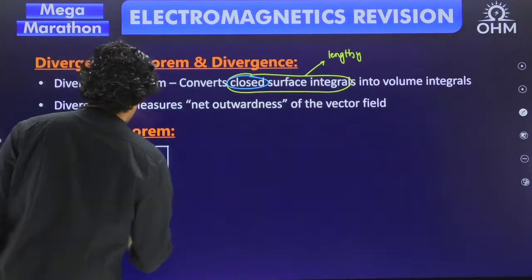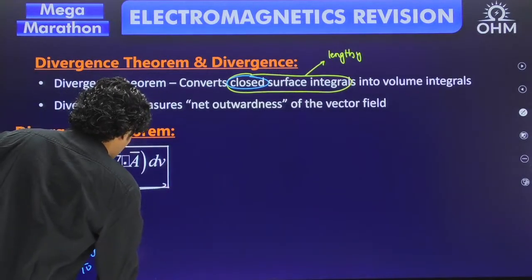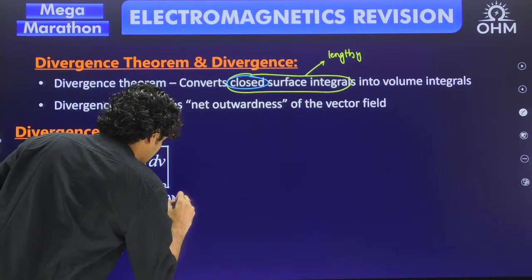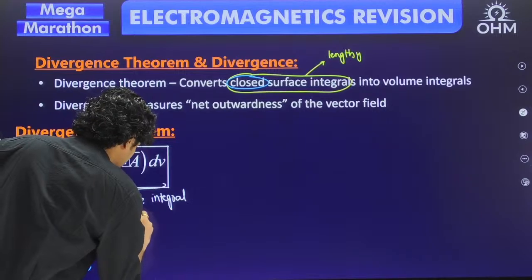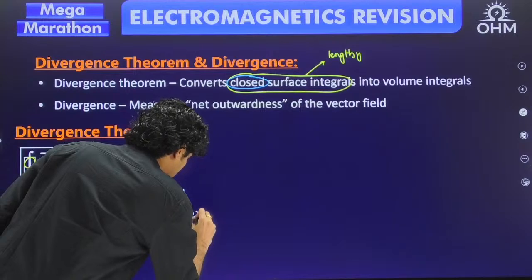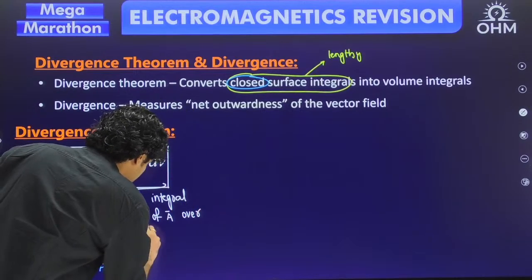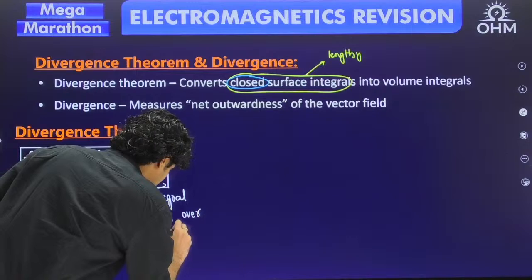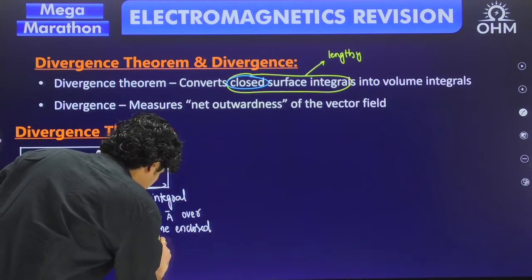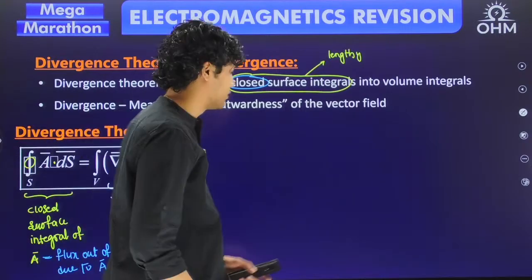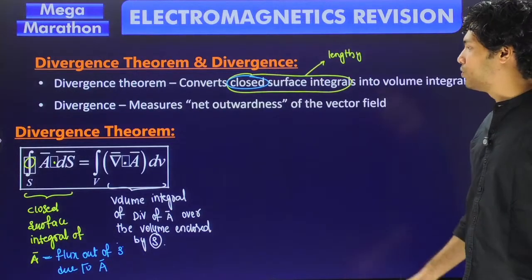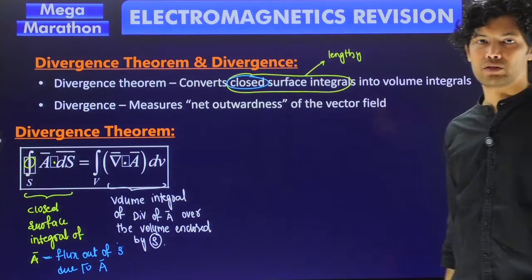So here on the RHS what we have is nothing but the volume integral of divergence of A bar, over the volume enclosed by the closed surface. Okay, so this is the divergence theorem, and to solve divergence theorem questions you require the divergence formula also.